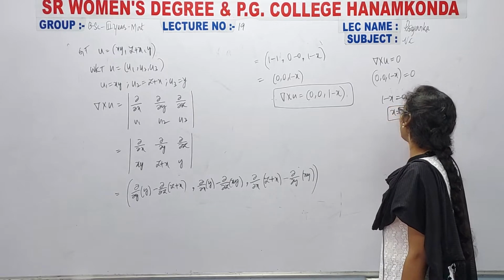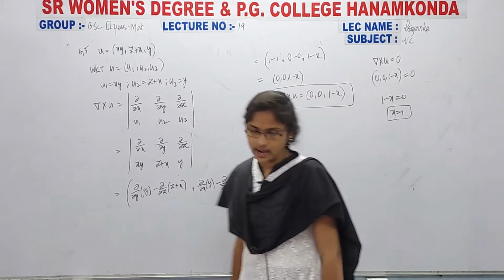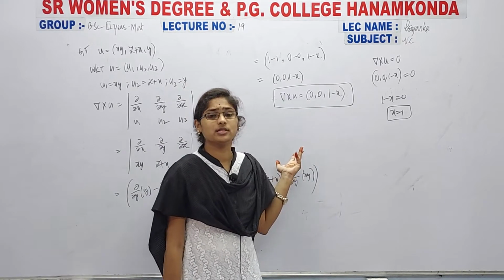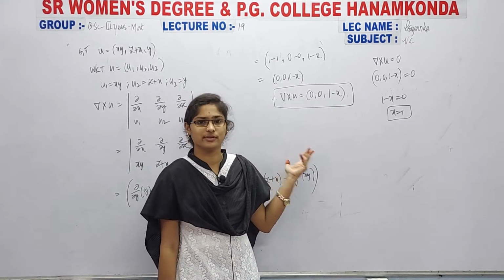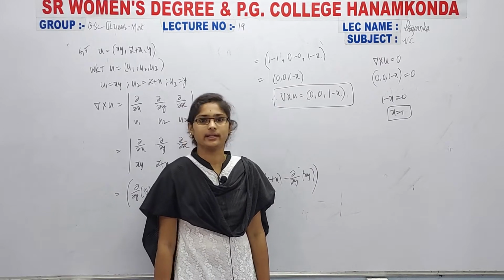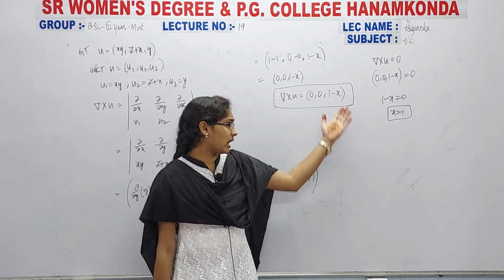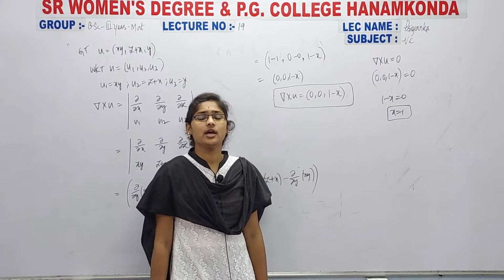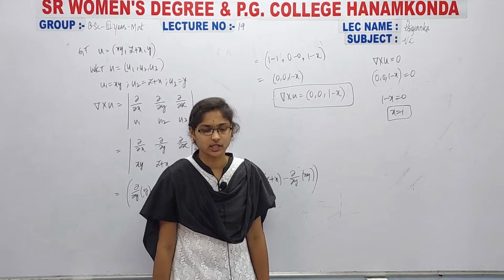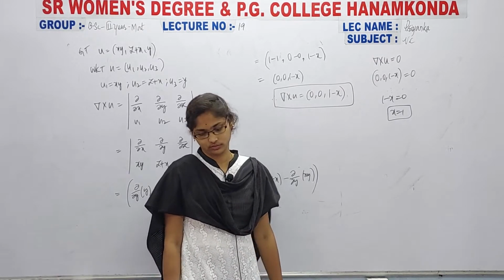Therefore x equal to 1. With the remaining values 0, 0, the curl of u is equal to 0 at the point (1, 0, 0). Like this you have to calculate the curl u and find the point where it is equal to 0.